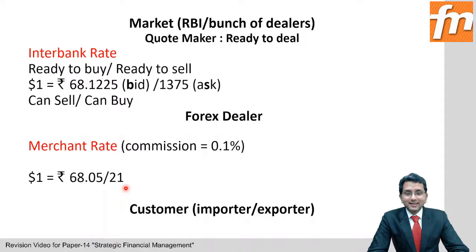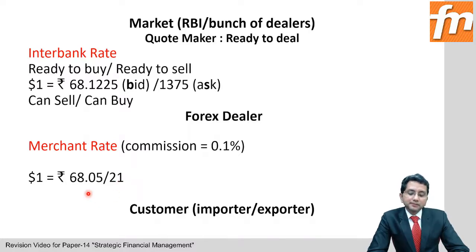You must get 68.21. What is happening? You are deducting margin from the bid rate and you are adding margin to the ask rate. I'll tell you the rationale behind why deduct and why add.